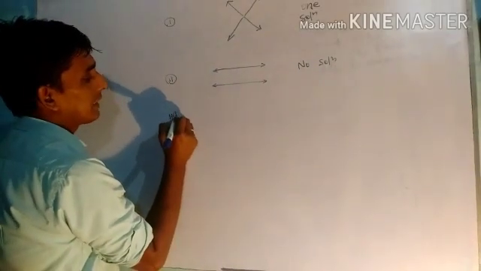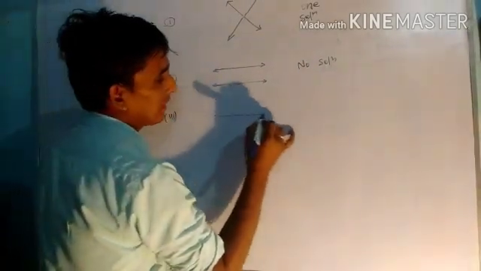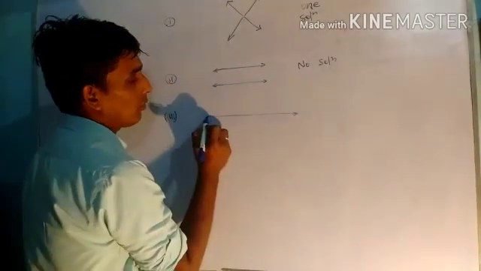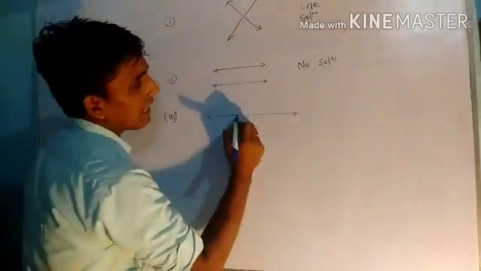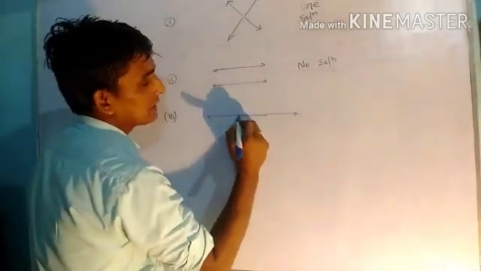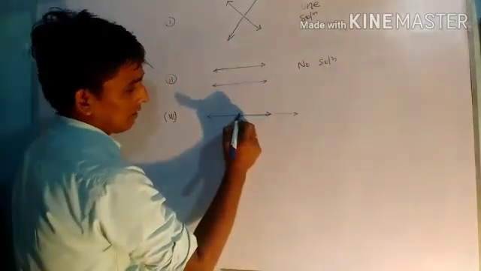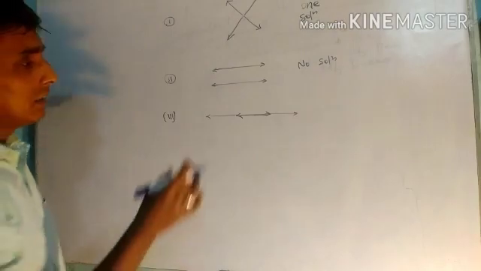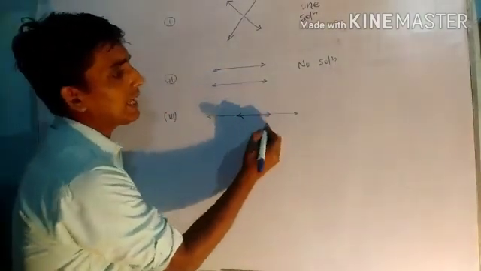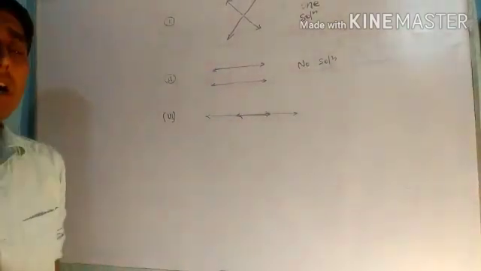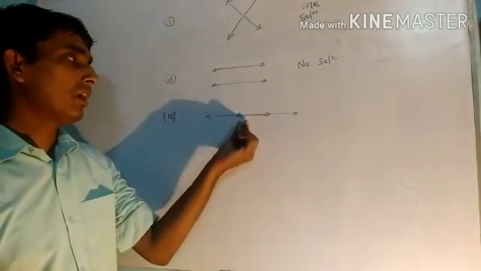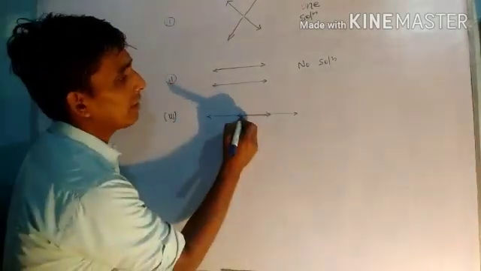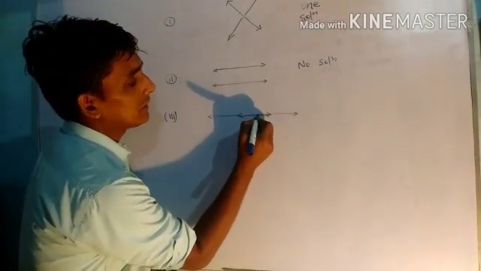And if the graphs are coinciding, if the graph of one equation is lying just above the graph of the other equation, then all the points coincide.